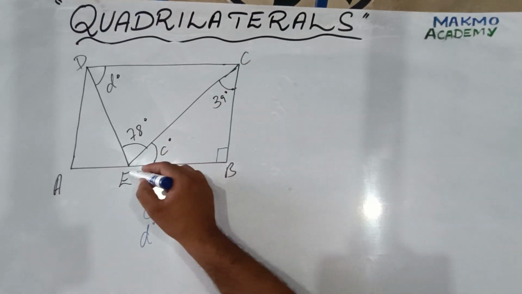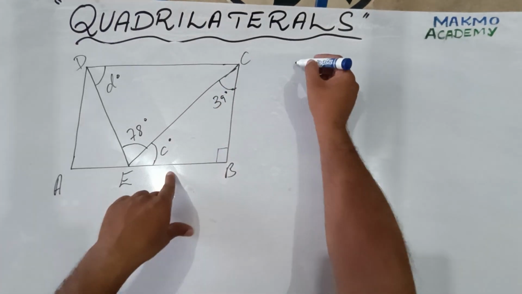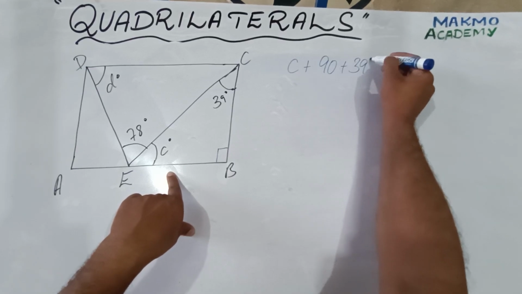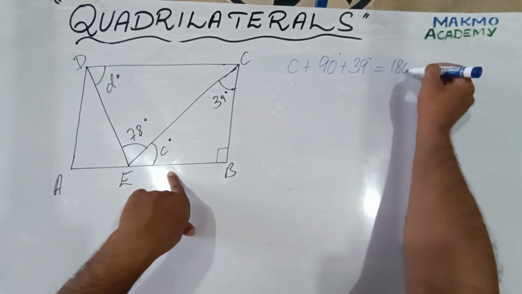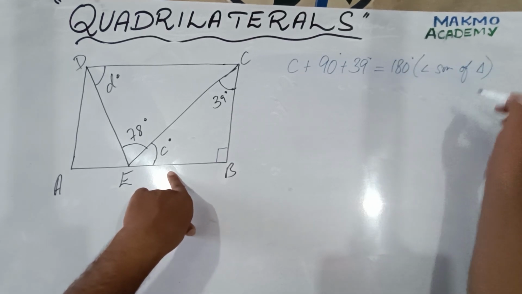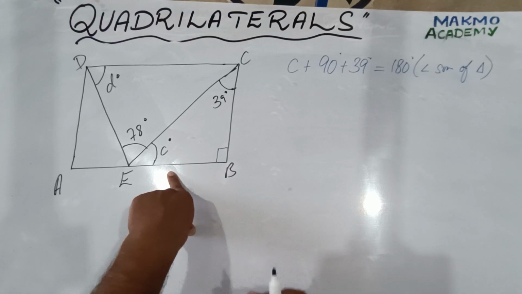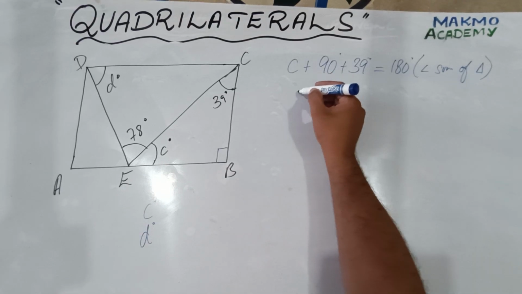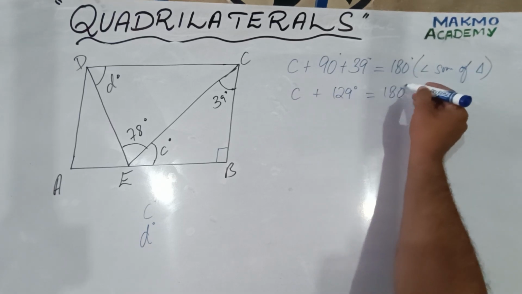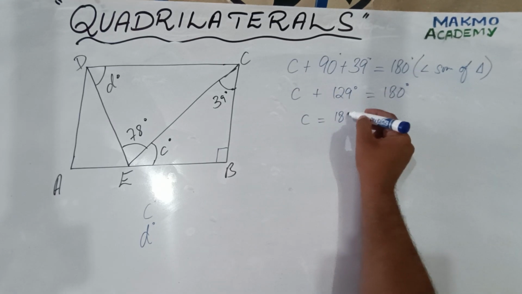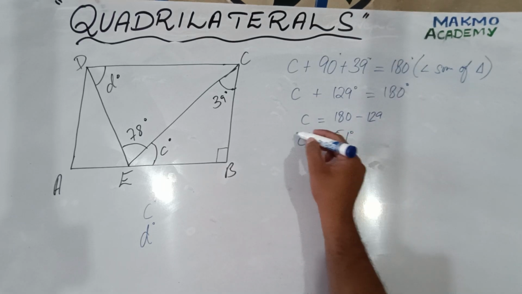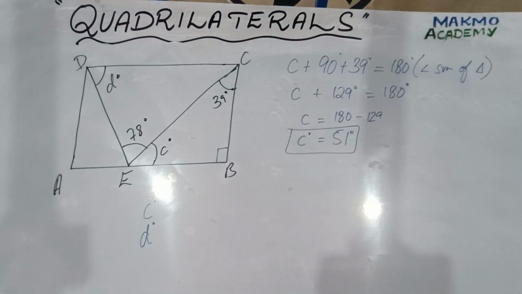Considering this triangle, C plus 90 plus 39 is equal to 180 degrees, angle sum of a triangle. So we write down this reason. C plus 129 is equal to 180, so 180 minus 129 gives us 51 degrees. So the size of angle C is 51 degrees.